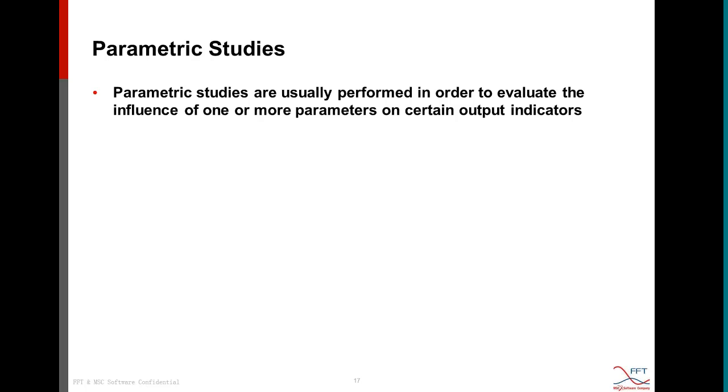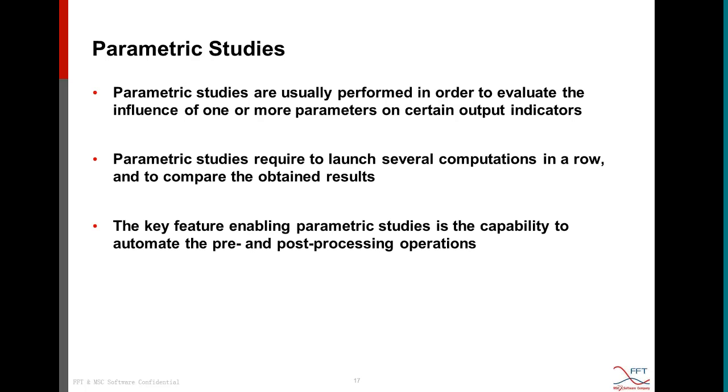This could include the sensitivity of the result to a change of a certain parameter. In practice, a parametric study requires launching several Actran computations for which the parameters have to be modified.